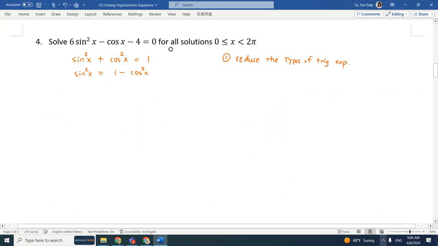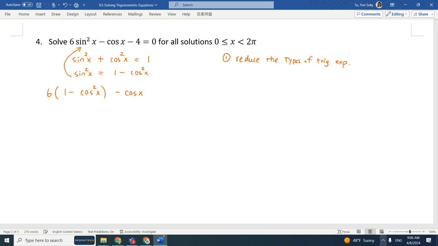That's why we plug in here: 6 times (1 minus cosine squared). And then we continue: minus cosine x minus 4 equals 0. Is that okay, everybody?